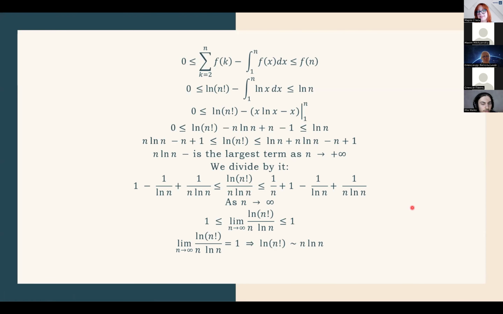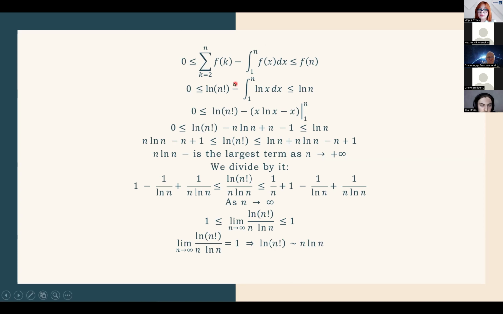Here we can see in more detail everything that we calculated in the first theorem. We had the sum of this formula from 2 to n, f of 1 we cancel because it's equal to 0, and minus the integral from 1 to n of the function is smaller than f of n.